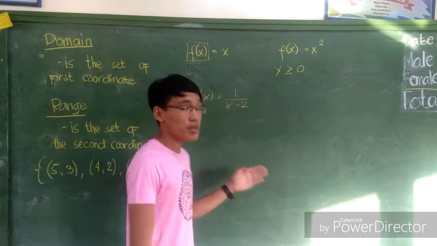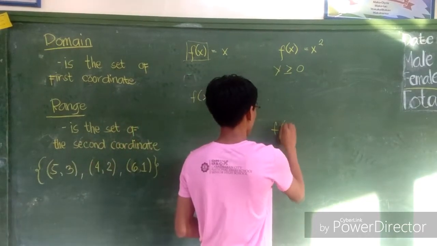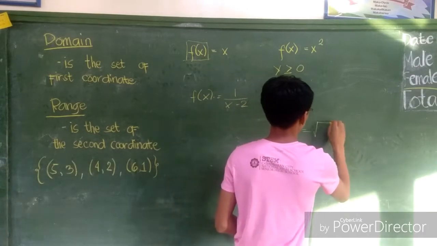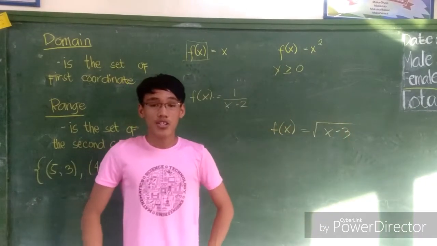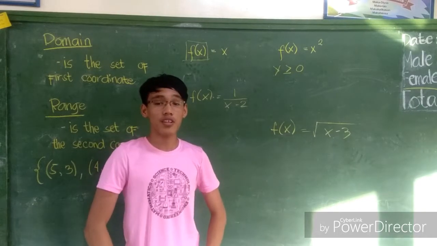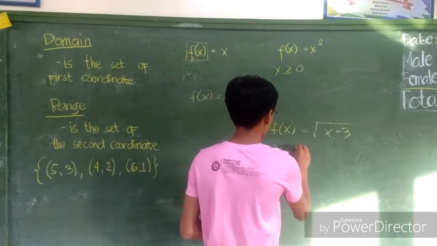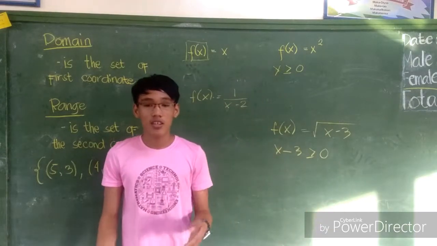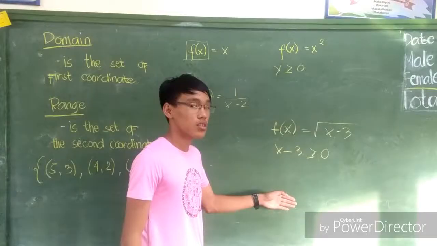So now let's move on to our next example, which is f of x is equal to the square root of x minus 3. Can we have a negative number within the square root? Well, I don't think we can. So x minus 3 is greater than or equal to 0, which means that x has to be greater than or equal to 3.